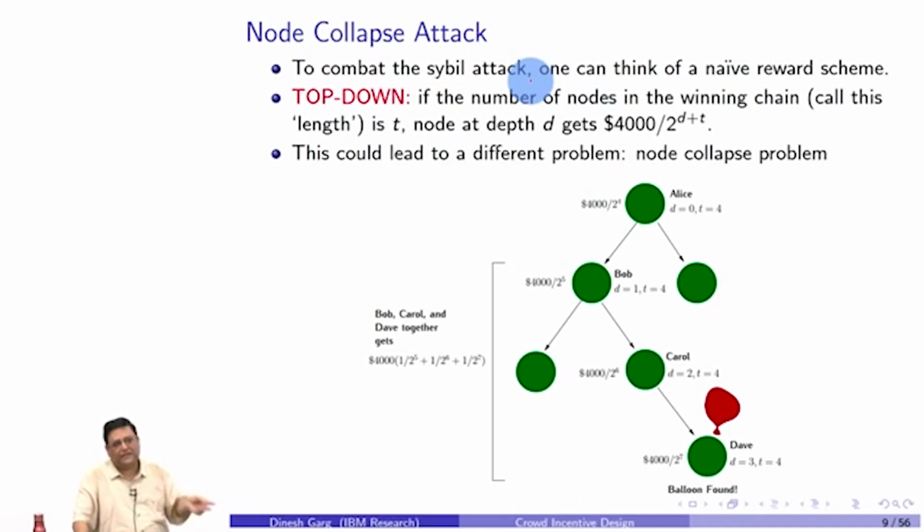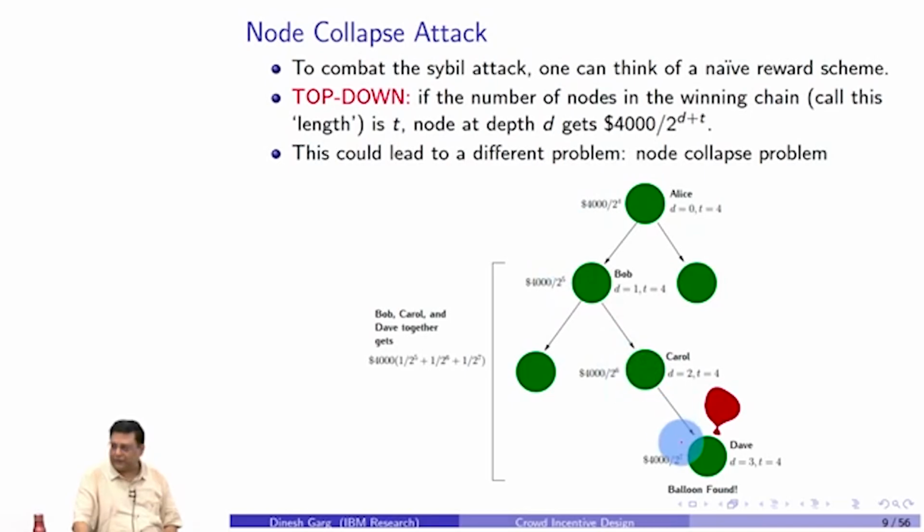But then it has another effect, namely the node collapse effect. What is the node collapse attack? In this scheme, 2 people may join and pretend to be one common node. That will be beneficial. Why? Look at this picture. Here the reward of Alice is 4000 divided by 2 to the power 4, because my scheme is 2 to the power D plus T. Then the rewards of Bob, Carol and Dave are 2 to the power 5, 2 to the power 6 and 2 to the power 7.